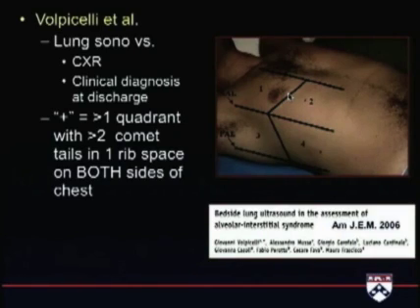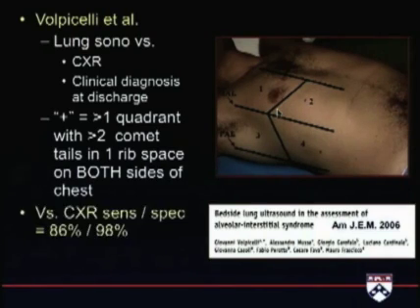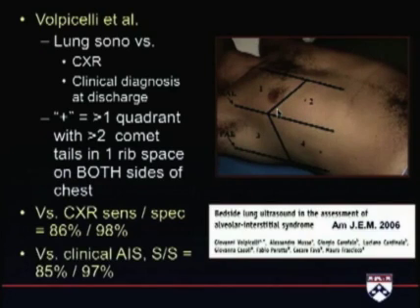And a positive study, according to Dr. Volpicelli, is that 2 or more of these quadrants on both sides of the chest have 2 or more B-lines, and using that versus chest X-ray, at least, he's found that sensitivity and specificity for pulmonary edema, increased extravascular lung water at least, is 86 and 98% respectively.